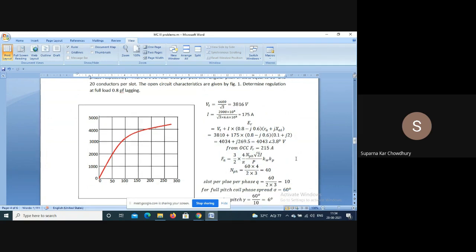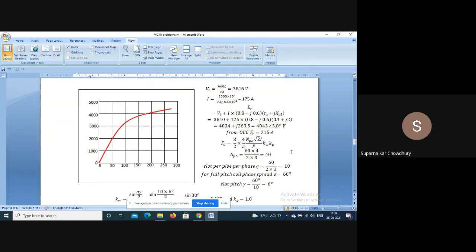Next, for the regulation, we have to know the armature MMF also. For that, this is the expression: 3 by 2 into 4 N phase root 2 I by pi P into Kw into Kp.